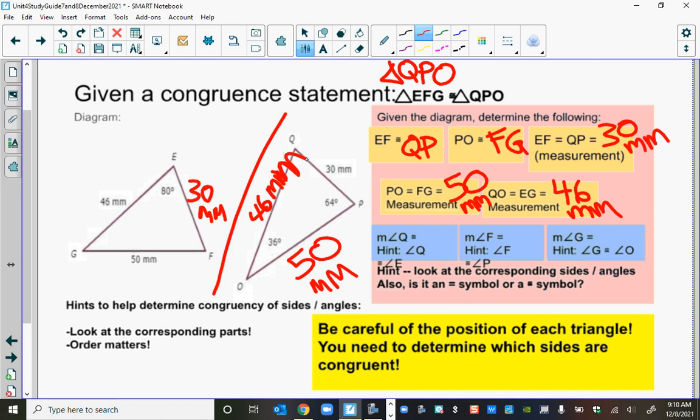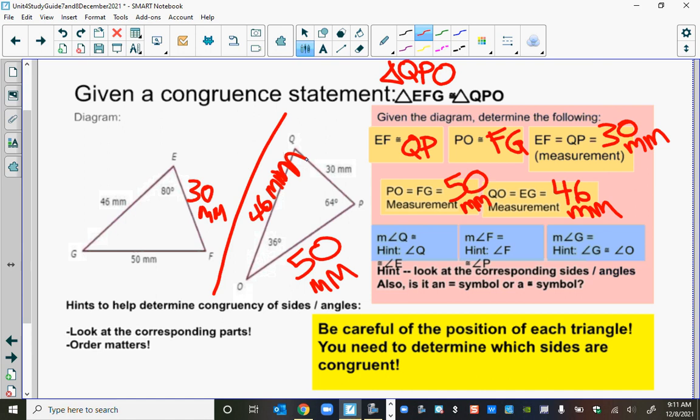And then can we get the angle measures for our three angles? Well, we can, because we know the sides are going to match up. The angles will also match up. We agree? So, angle Q. Who wants to take a guess as to what the measurement of angle Q will be?